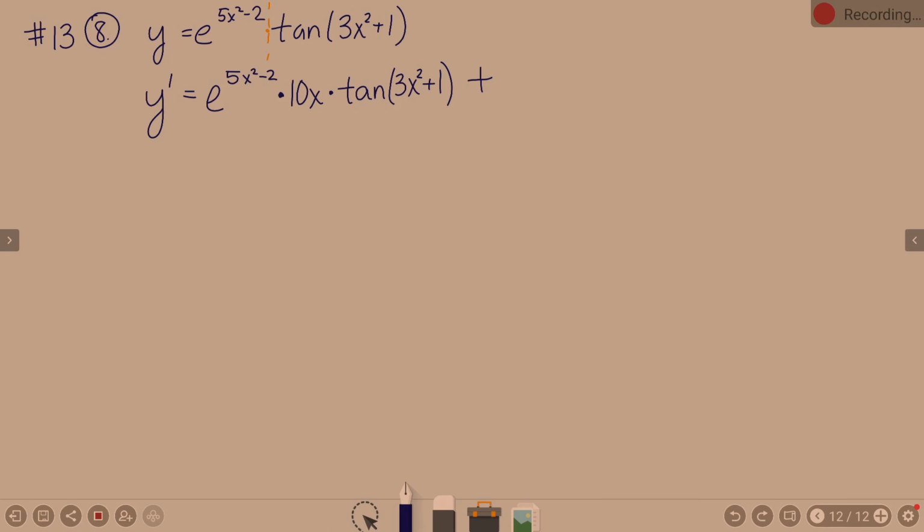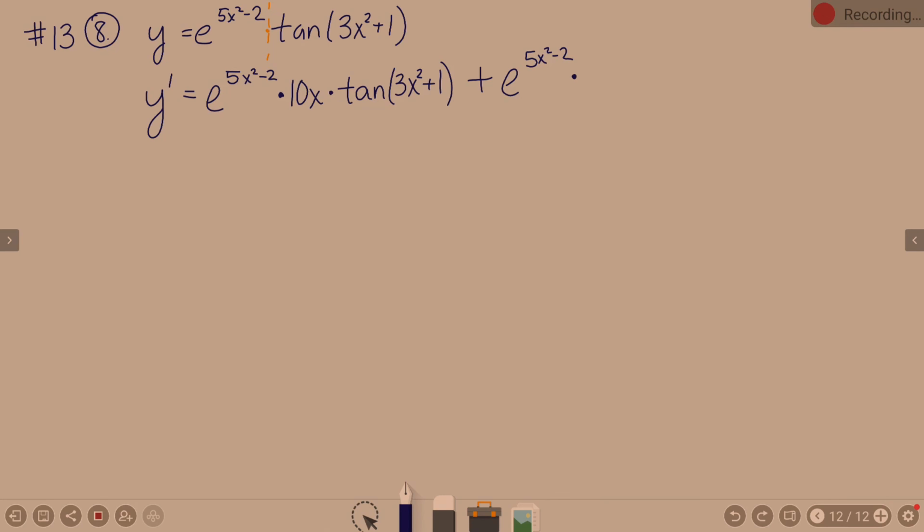Plus, so this is why it's product rule, right? Now, I'm going to keep the e. So we're going to keep e to the 5x squared minus 2 times the derivative of tangent of something. We need to go back and memorize before Monday.